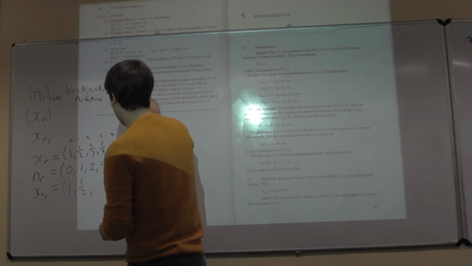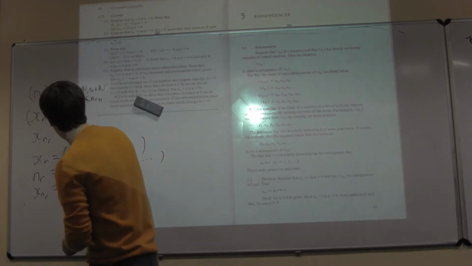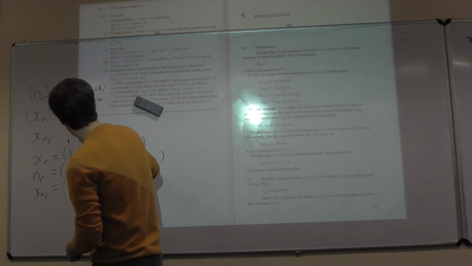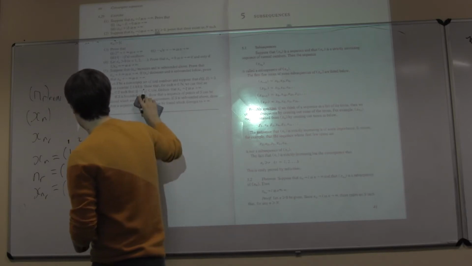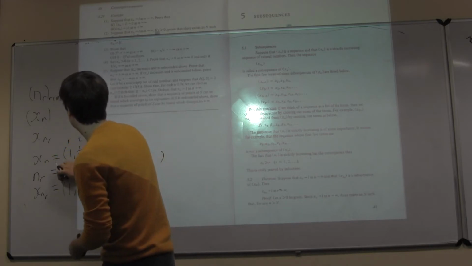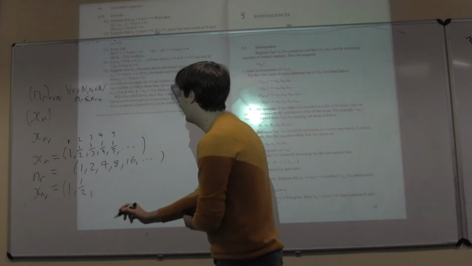Maybe it's easier if I start my sequences from 1, because it's easier for now. So let's go like this: 1, 2, 3, 4, 5. This isn't a very good example, is it?